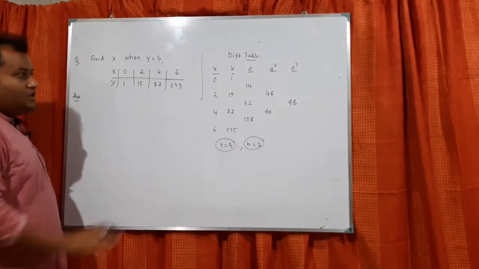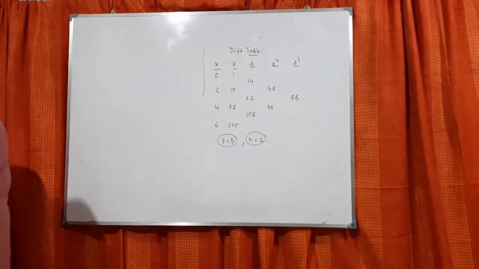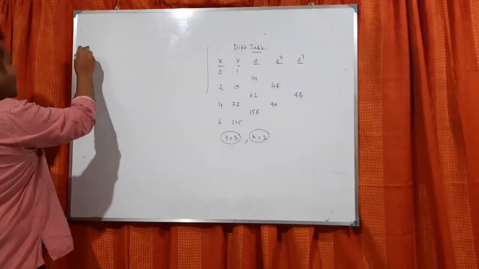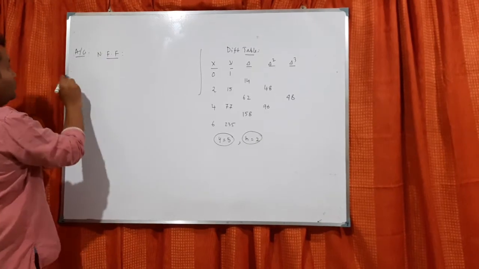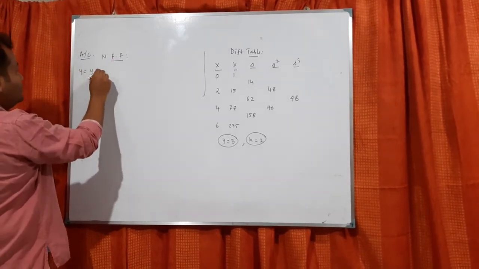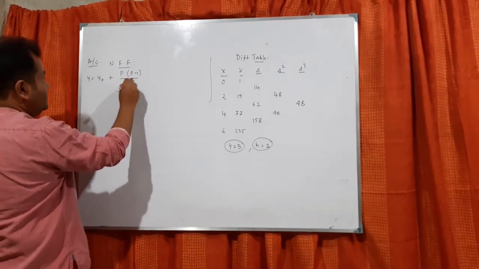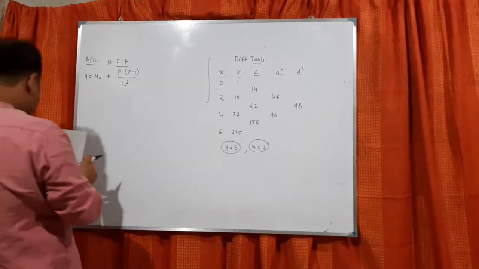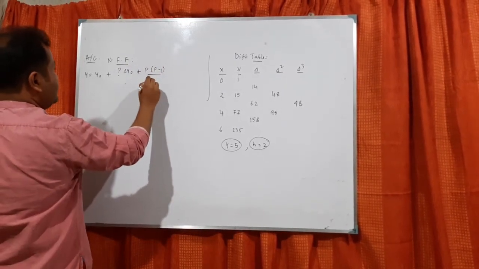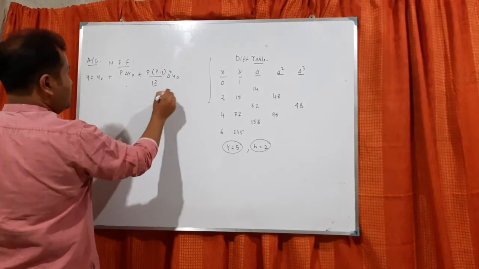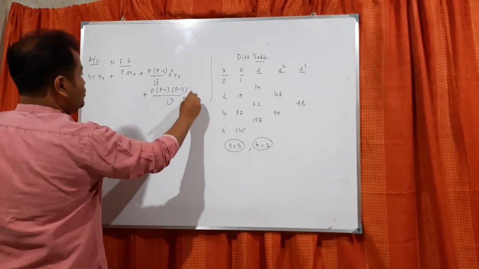Now according to Newton's forward formula, we know y equals y naught plus p into delta y naught plus p into p minus 1 by factorial 2 delta square y naught plus p into p minus 1 into p minus 2 by factorial 3 delta cube y naught.